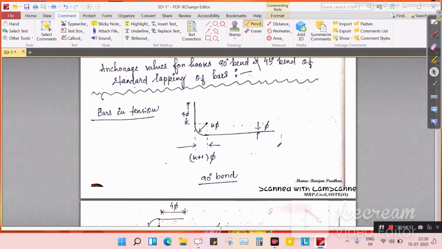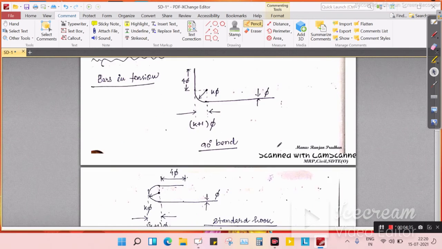Okay, next is anchorage values for hooks, 90-degree bend and 45-degree bend of standard lapping of bars. You can see here for bars in tension, for 90-degree, this is the diameter of the bar phi, from this to this is 4 phi. Okay, and this radius is k phi, and this distance is k plus 1 phi.